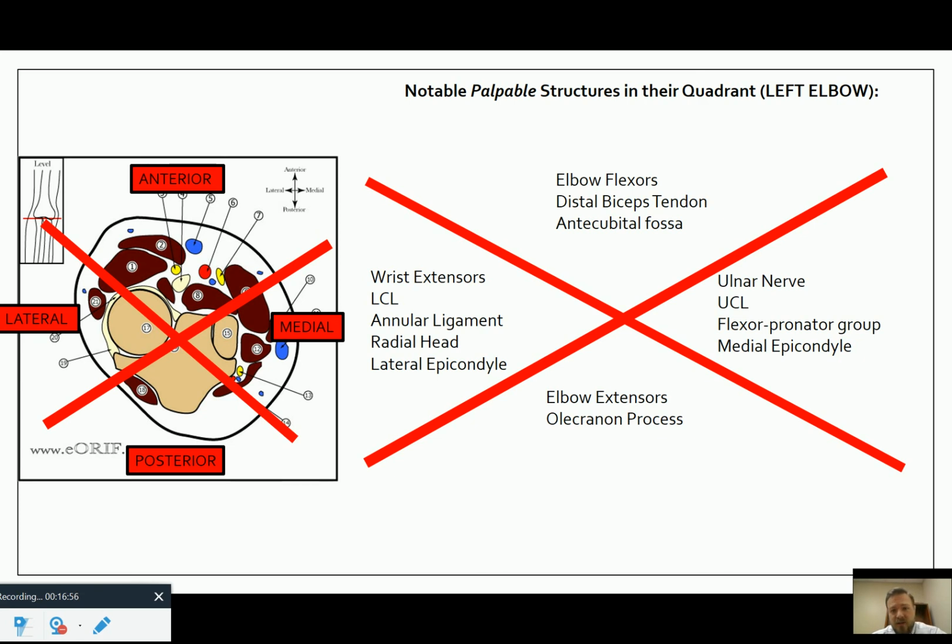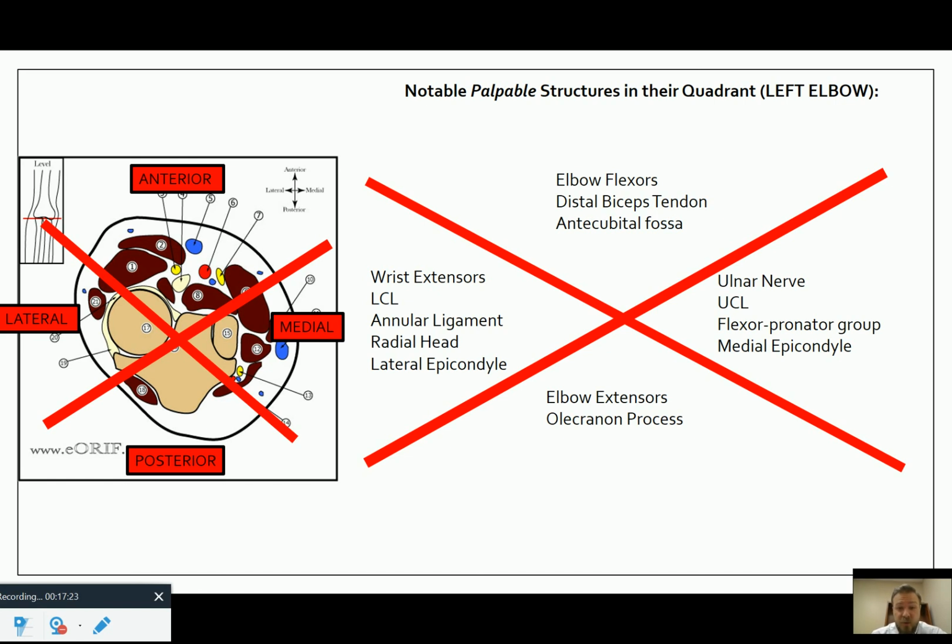So in the anterior compartment, you have, of course, your elbow flexors, your distal biceps tendon, and then the antecubital fossa, which houses some of the neurovascular structures there. In the medial compartment, and we're going in a clockwise fashion here, you have your ulnar nerve, your UCL, the flexor pronator mass or tendon, and then the medial epicondyle. Again, as we notice in the picture, in the posterior compartment, there's not a ton of structures.